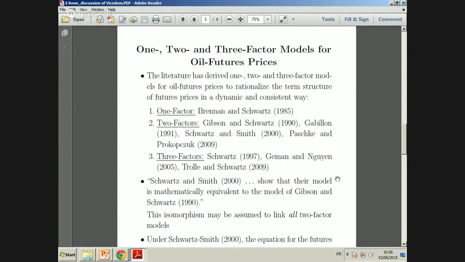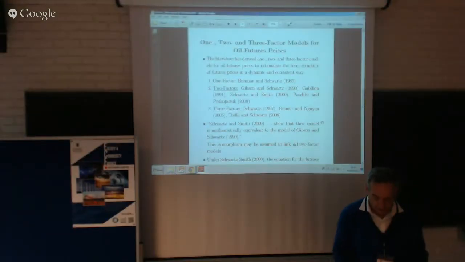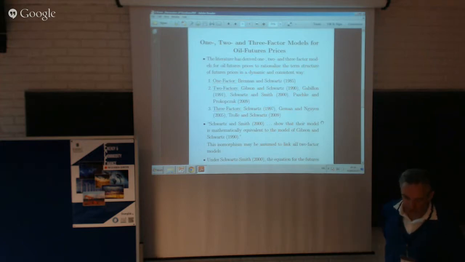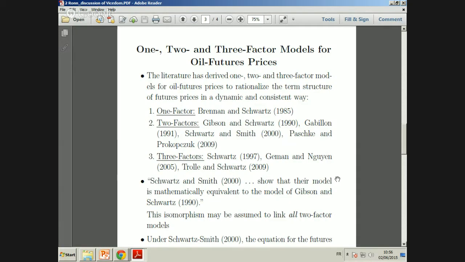So Mike Brennan and Eduardo, going back to the 80s, presented the 1-factor model. Then you see the 2-factor models that we've seen in the literature. We had a discussion yesterday with Alvaro on some of these, but basically you see Gibson and Schwartz in 1990, Gabillon in 91, Schwartz and Smith in 2000, and Paschke and Prokopchuk, Sebastian's co-author, in 2009.